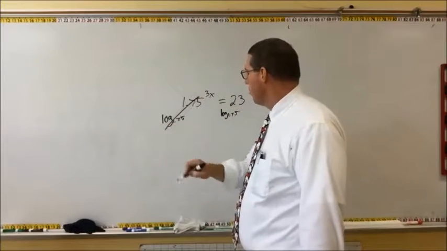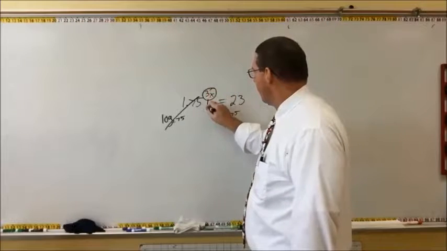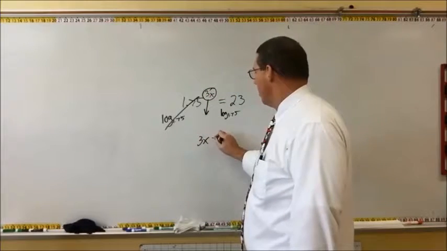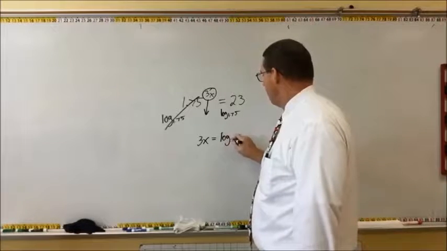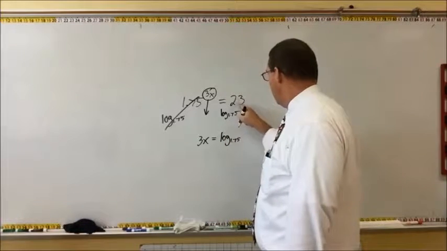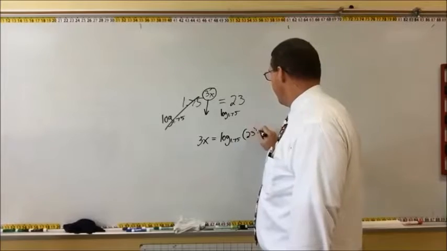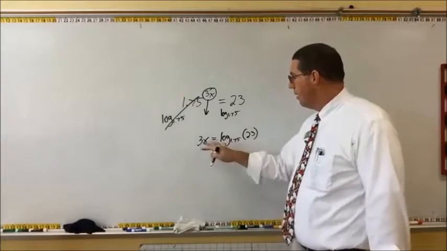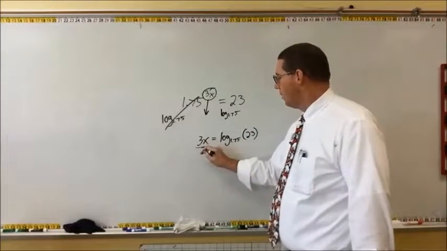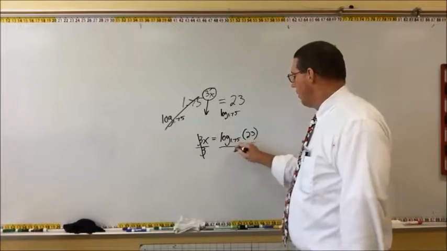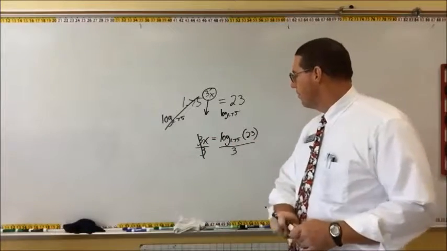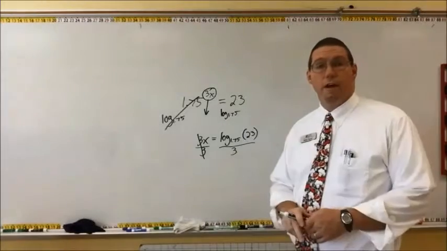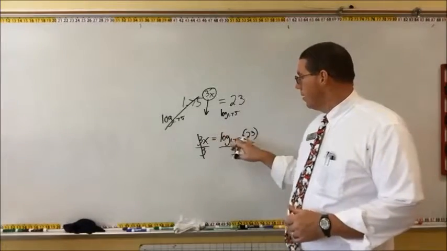That's going to cancel the 1.75. It's going to bring down the 3x, and 3x is going to be equal to log base 1.75 of 23. And then, if I want to solve for x, I would divide by 3 on both sides. And now x is equal to log base 1.75 of 23 divided by 3.